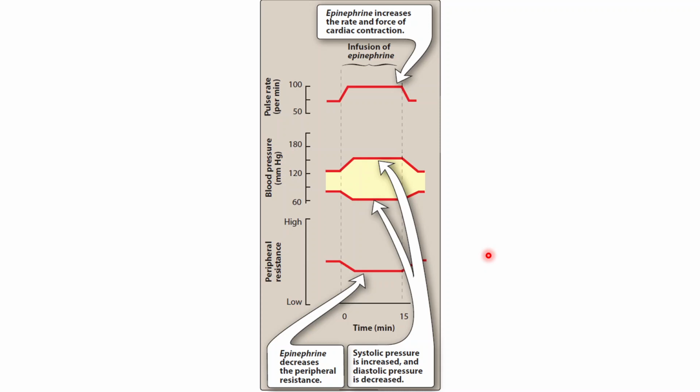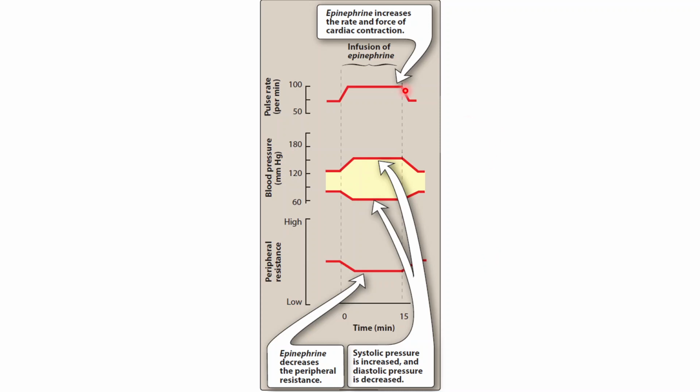Approximately 80% epinephrine and 20% norepinephrine are released during the stimulation of the adrenal medulla, and epinephrine mostly acts on beta receptors.